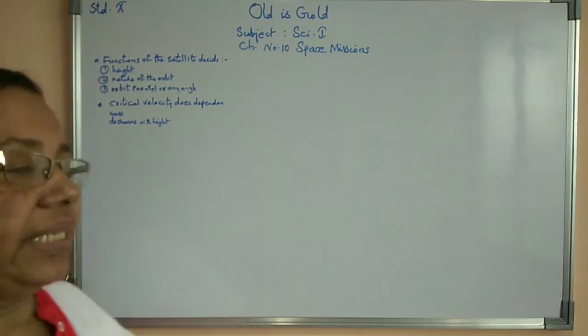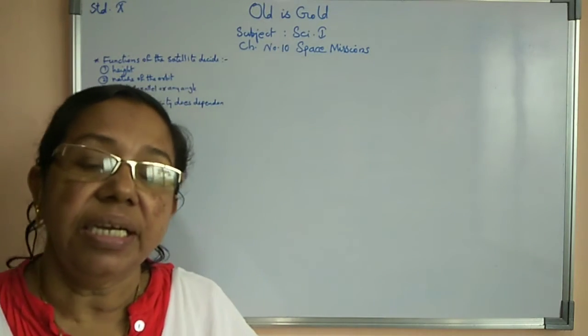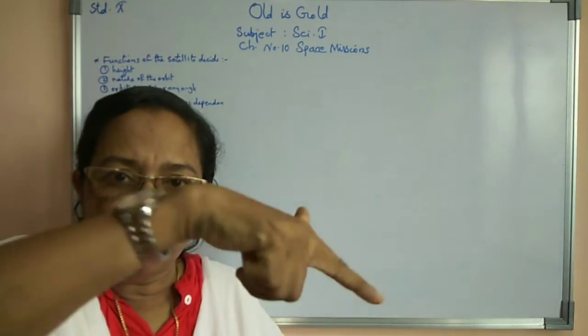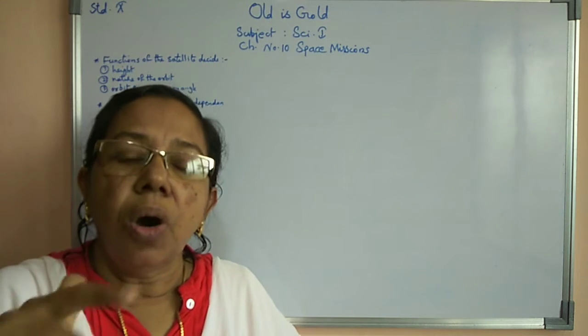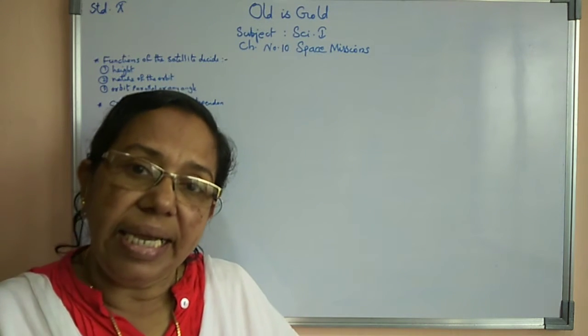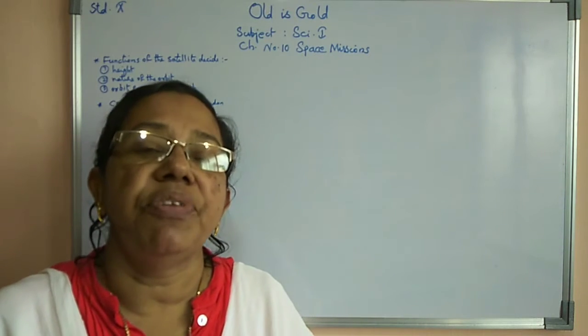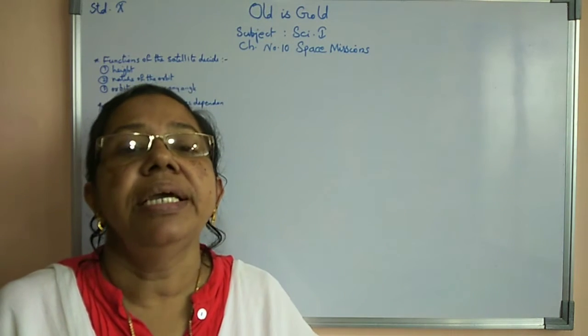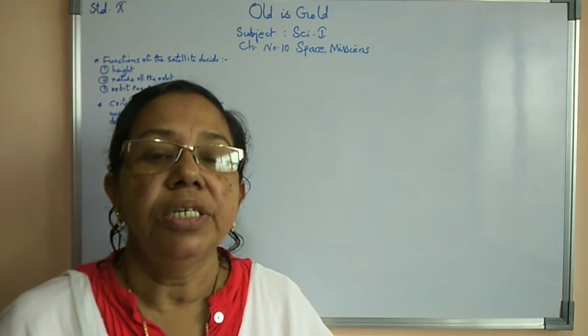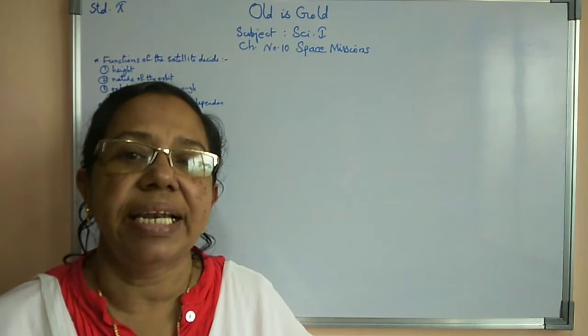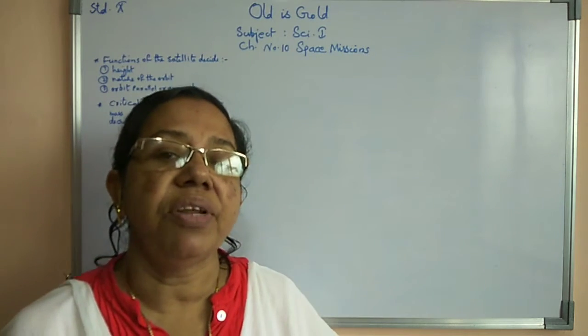One more important thing is whether the satellite is revolving parallel to the equator, parallel to the pole, or at any angle around the surface of the earth. Depending upon that, again the functions of the satellite will be different. So the functions of the satellite depend upon three factors.